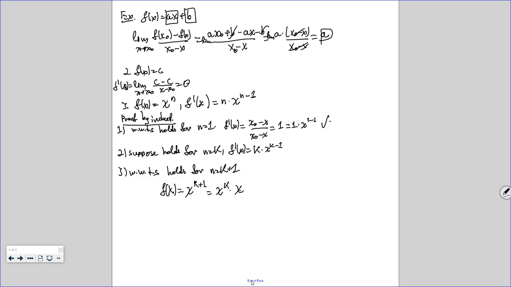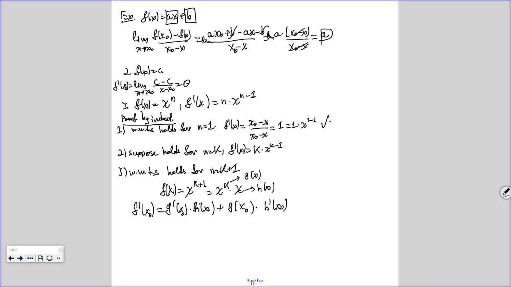So from the product rule, f prime x0 is equal to the derivative of x^k. Let's define x^k as g(x). So this is the derivative of g at point x0 times h(x0), and let's define x as h(x). So this is g prime x0 times h(x0) plus g(x0) times h prime x0.